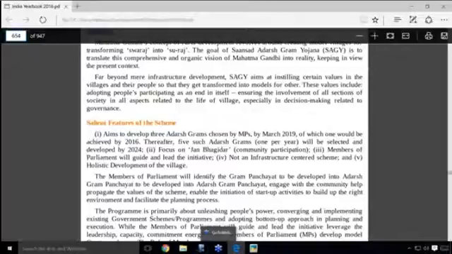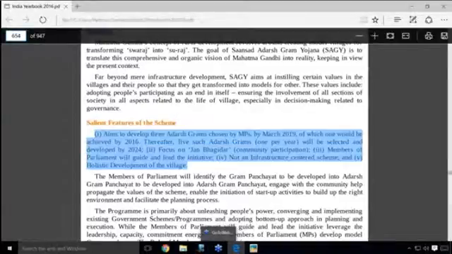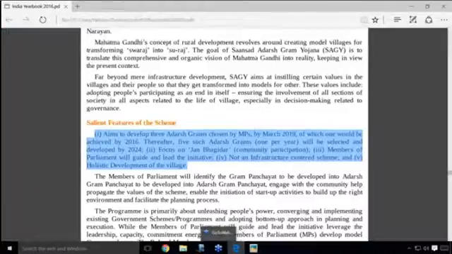Salient features of the scheme. You have three schemes, and some salient features of the scheme. It aims to develop 3 Adarsh Grams chosen by MPs by March 2019. Every year you have to develop one, of which one would be achieved by 2016.